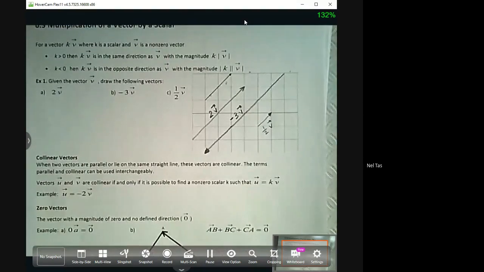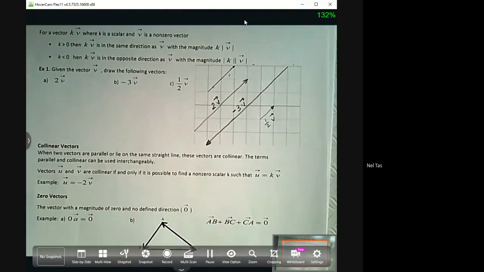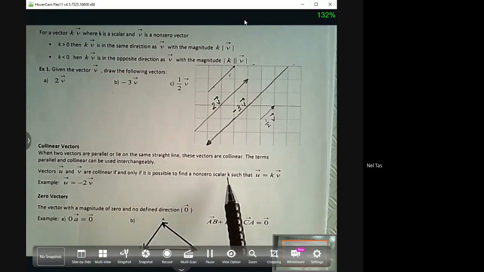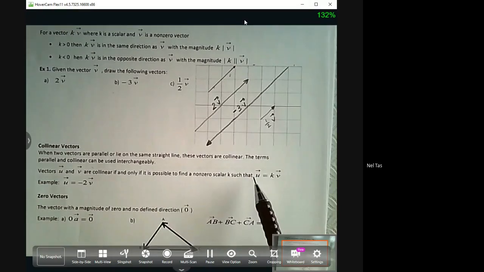So let's look at collinear vectors. When two vectors are parallel or lie on the same straight line, these vectors are collinear. The terms parallel and collinear can be used interchangeably. So they mean the same thing. Vectors u and v are collinear if and only if it is possible to find a non-zero scalar k such that u equals k times v.